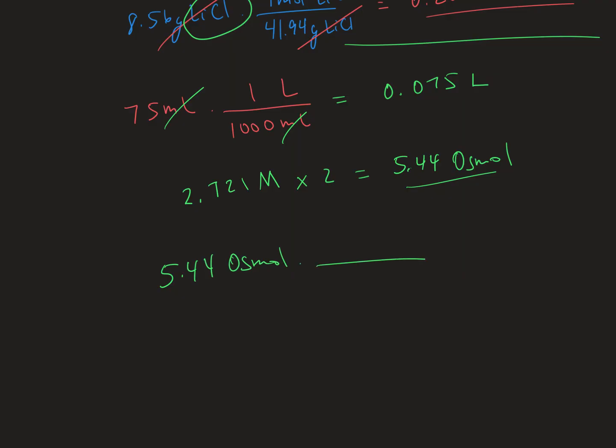Do I want osmol in my answer? No. 0.51 degrees Celsius per osmolarity. You with me? So osmol goes away, and I get an increase of 2.78 degrees Celsius.